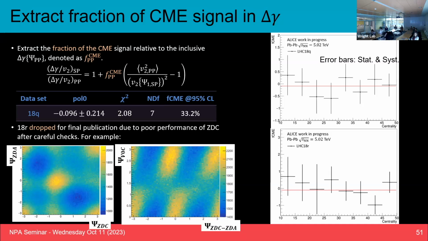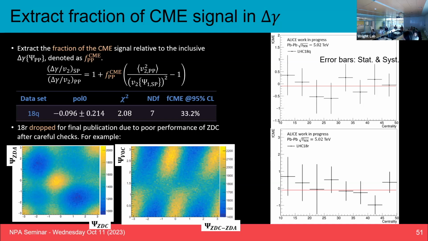And 18R, this was also discussed in our plan meeting. I think the idea is that we will drop 18R, because first its error is bigger. This has also been checked quite extensively, because the ZDC performed a bit worse in 18R. And if you look at the correlation of A and C side, if you plot this angle, there is some pattern that I don't really know what's going on, because ideally you should see the 45-degree line.